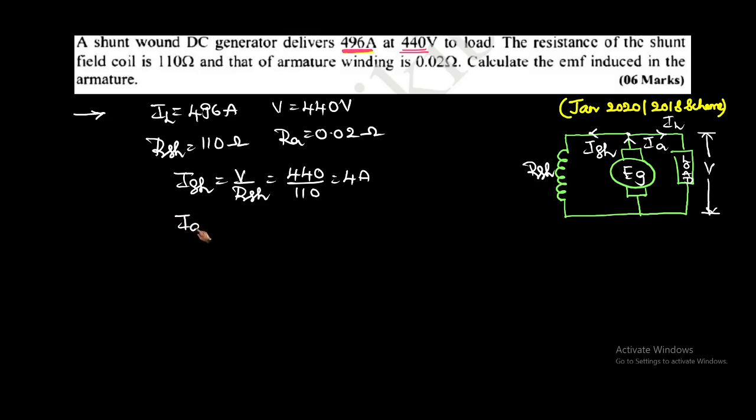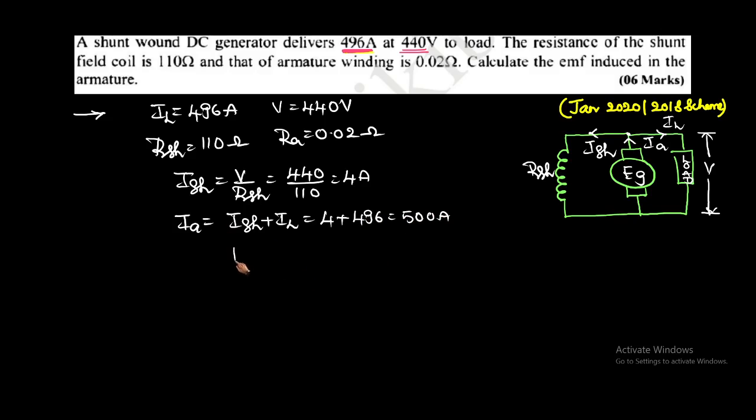To calculate the armature current, IA is equal to ISH plus IL. So ISH is 4 amperes we got, and the load current IL is 496. In total it is supplying 500 amperes. That is the armature current.